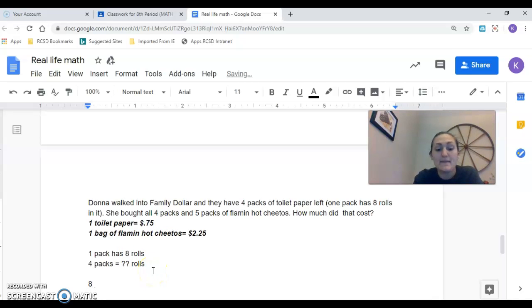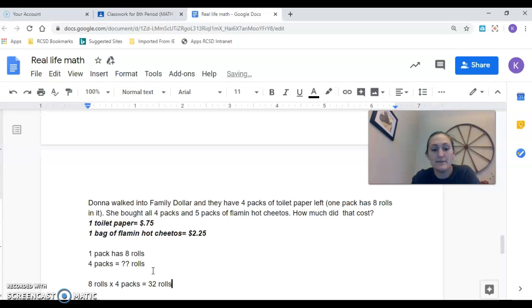So 8 rolls times 4 packs equals how many rolls of toilet paper do I have? 8 times 4. Hopefully you've said it, 32. I have 32 rolls in 4 packs.